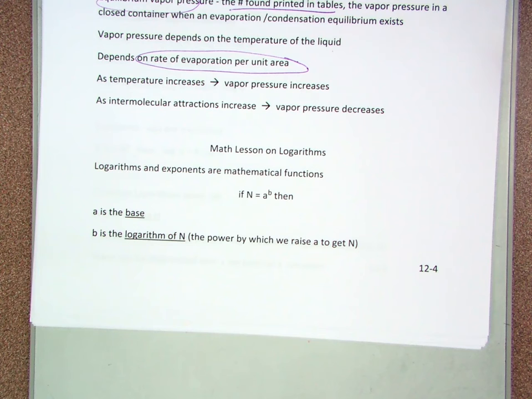You have to look at that formula, think about it, say, okay, I'm going to draw the Lewis structure, then I'm going to think of the molecular shape, then I'll decide, does this have dipole forces? Is this a polar molecule? Is it a nonpolar molecule? Does it have hydrogen bonding? You'll decide what kinds of intermolecular forces you have. Then you will decide how will that affect this physical property, this vapor pressure or whatever.